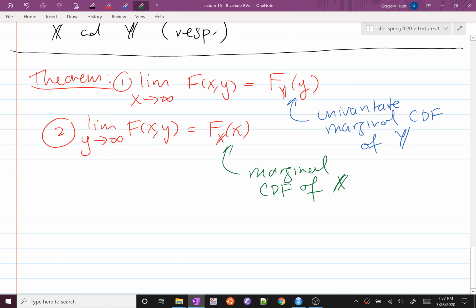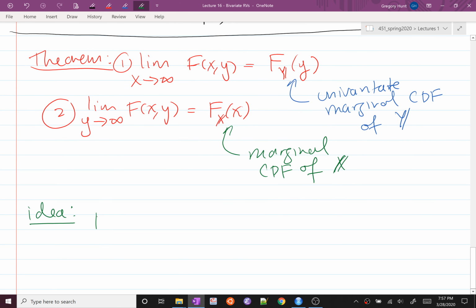So that's an interesting fact. The idea behind it is that the marginal CDF of X, F_X(x), remember, is the probability that X is less than or equal to little x. We could write this as the probability that X is less than or equal to x, and Y is anything.